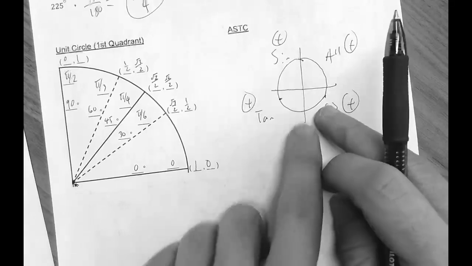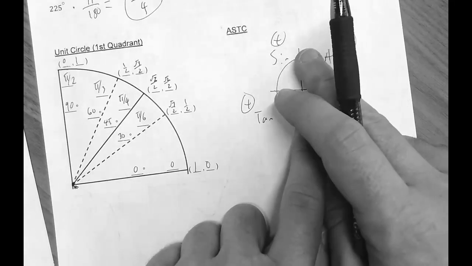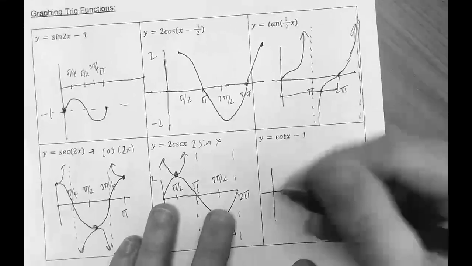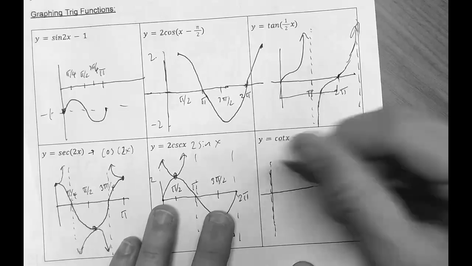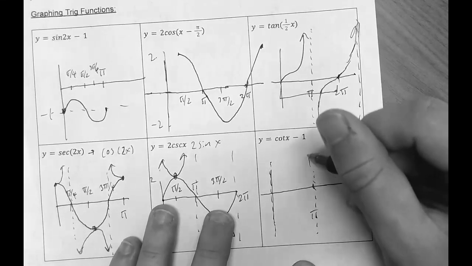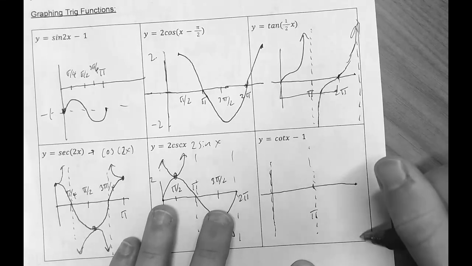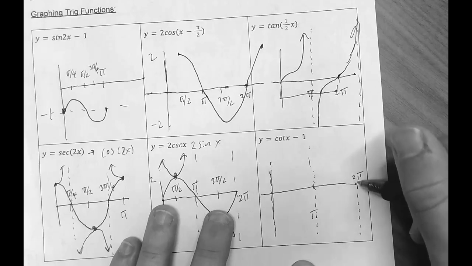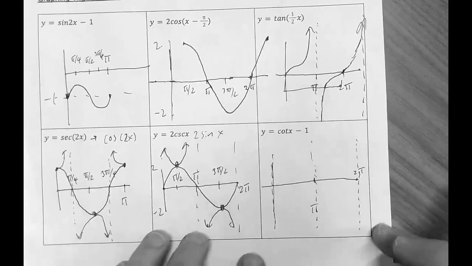So these are where my values are 0. Where sine is 0, you have vertical asymptotes. So we can go ahead and just sketch at 0 and at pi, and at 2 pi, we're going to have these vertical asymptotes.